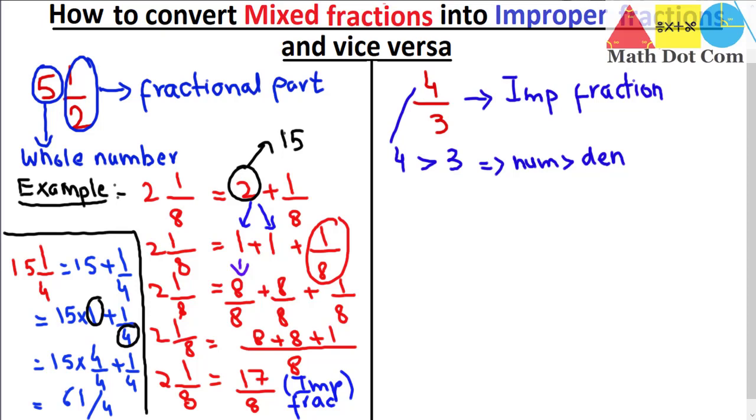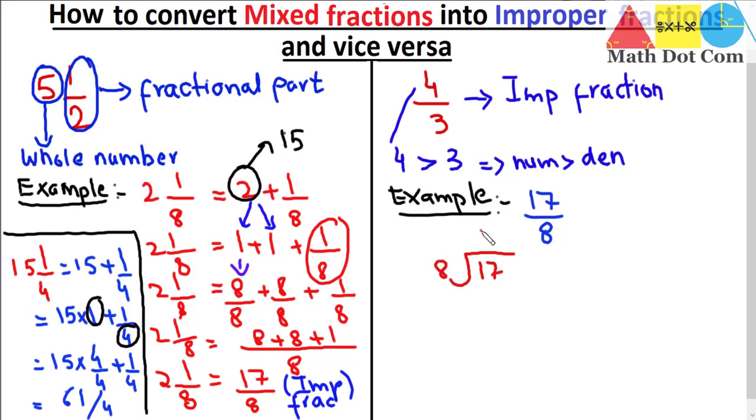Now let's see how you can convert an improper fraction into a mixed fraction. Take the same example, 17 divided by 8. This is an improper fraction. We divide it by keeping 17 inside and 8 outside. As we know, 8 twos are 16, and we get 1 as the remainder.